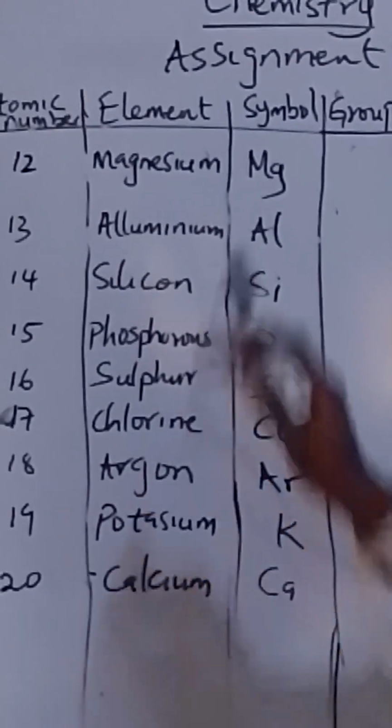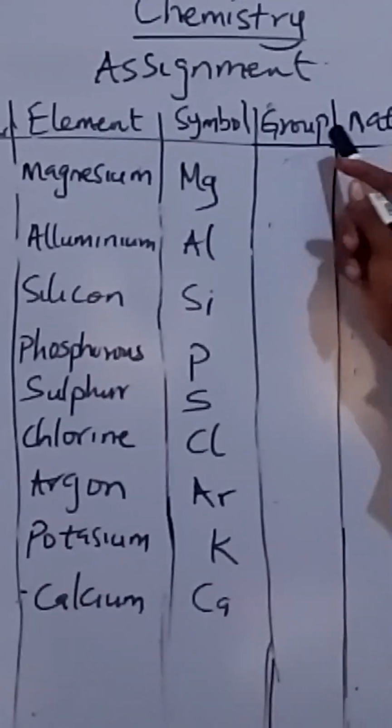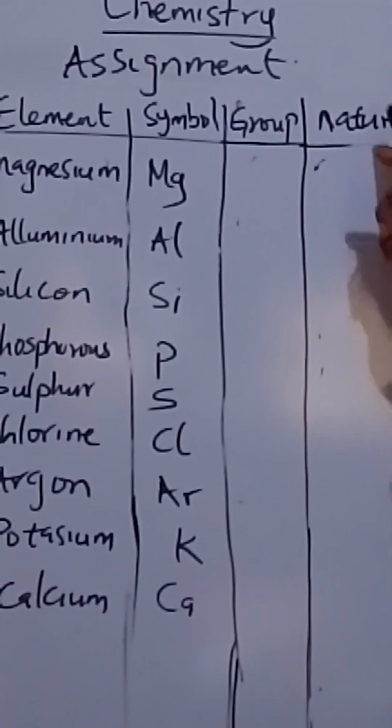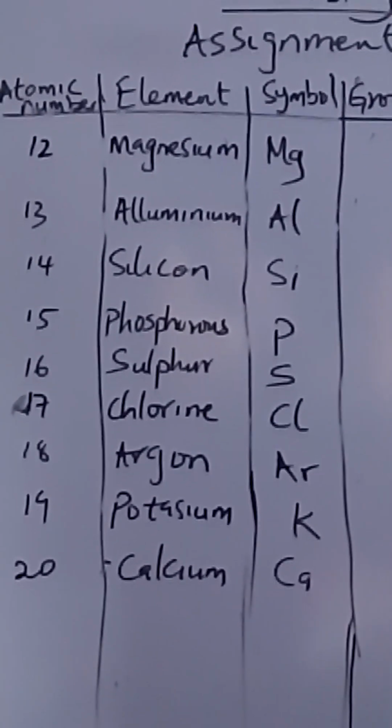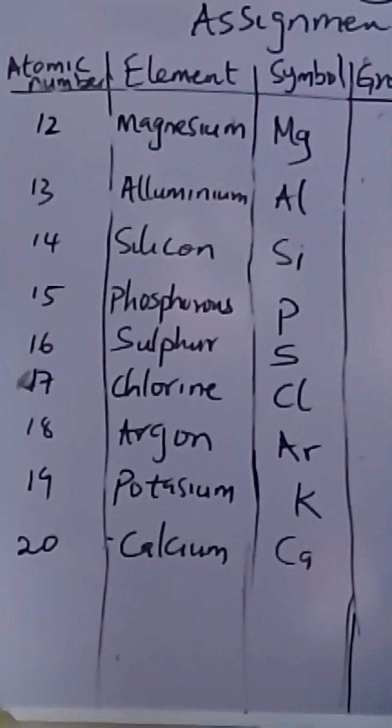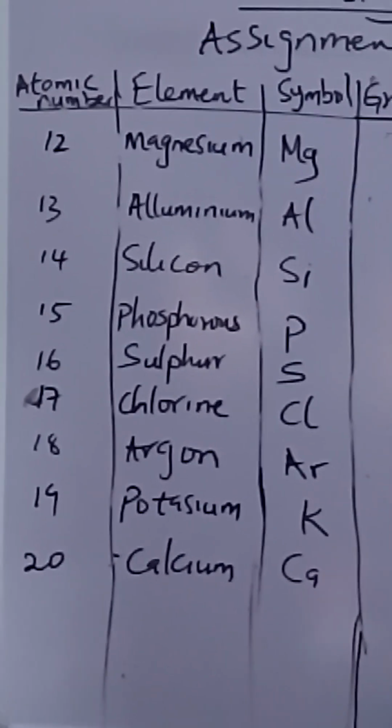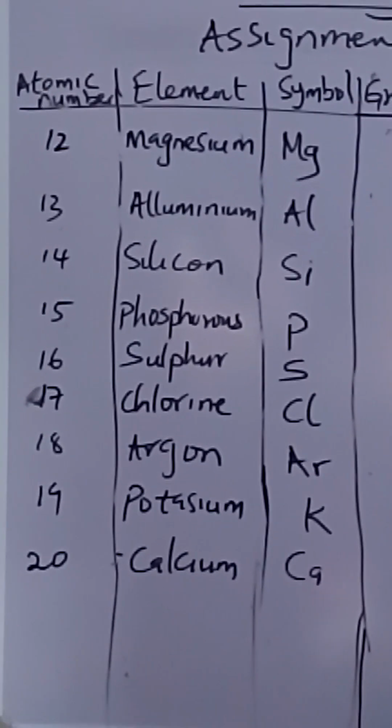So I want you to follow the same format and get the group, the nature, and the configuration of the element. So do it, and as usual, submit your answer, and do well to ask questions when you are confused.